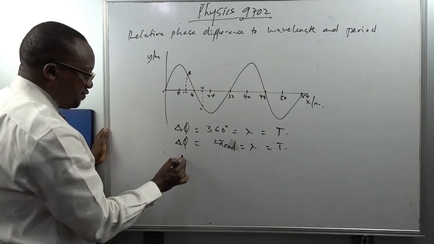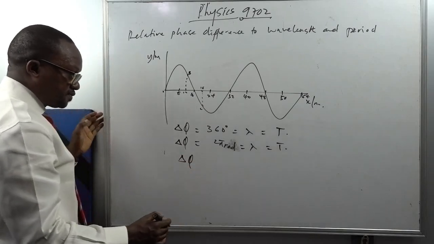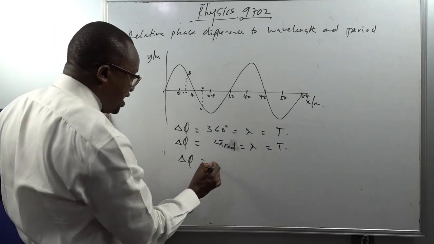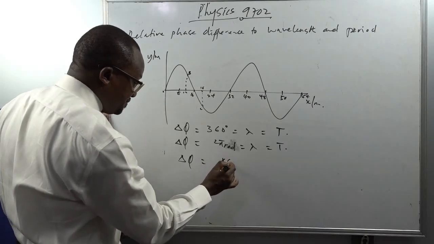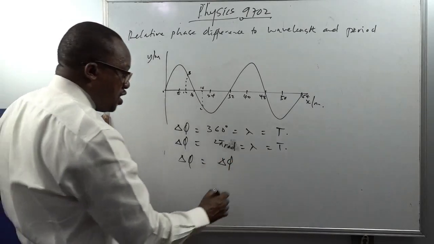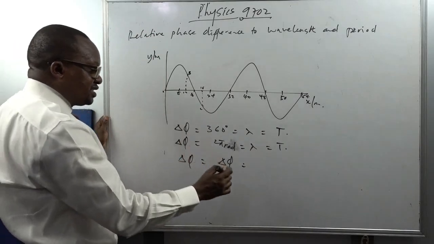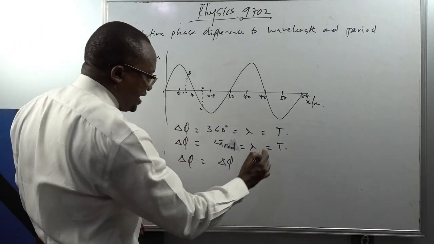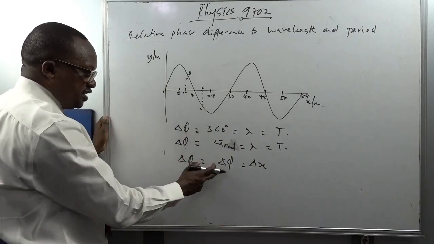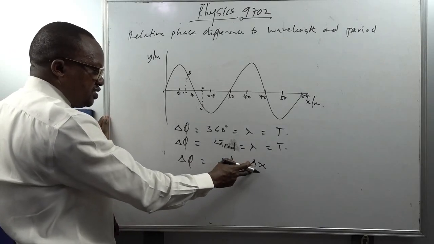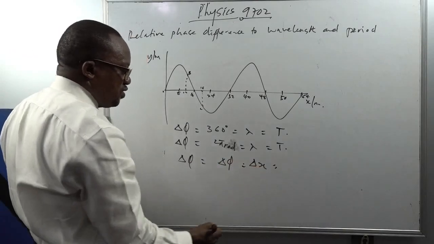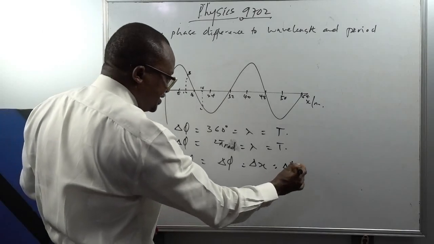Therefore, an unknown phase difference, let's say delta phi, will correspond to a distance difference of delta x, and of course a time difference of delta t.